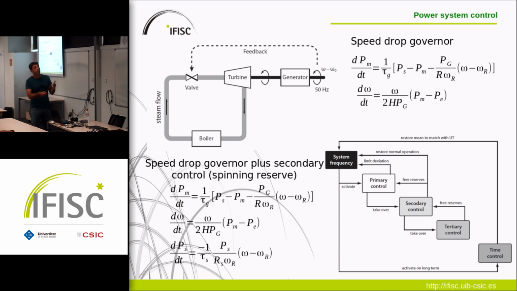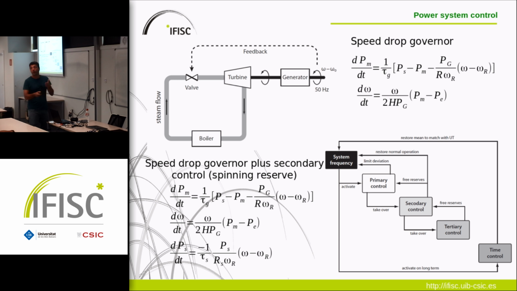It's a control, so we have here an equation for the mechanical power. And essentially, I think this is a proportional control. If at a certain point the electrical power is larger than the mechanical power, the frequency drops. So if the frequency drops, this is negative, and with this minus sign here, this is positive.